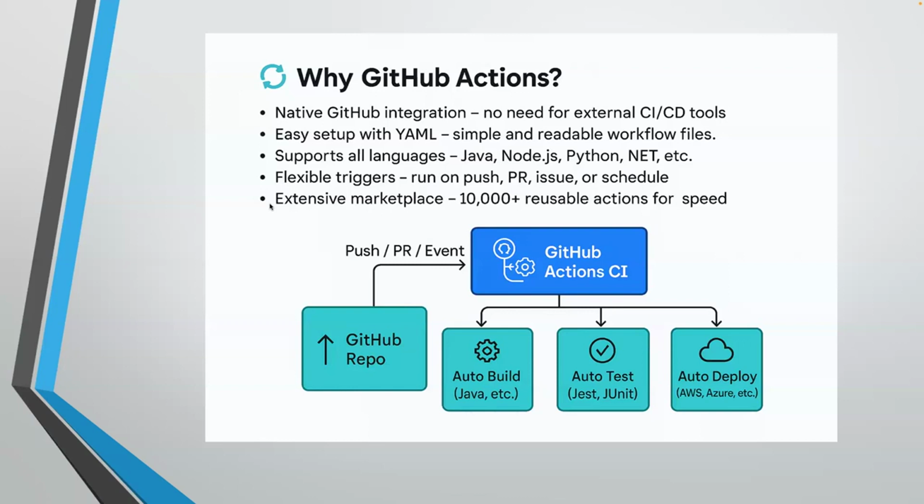Last but not the least, GitHub Actions has amazing reusable actions. For example, there are a lot of actions which have already been implemented by the community. So all you have to do is simply reuse them. For example, if you want to integrate with SonarQube, all you have to do is go to the GitHub Actions marketplace and search for SonarQube.